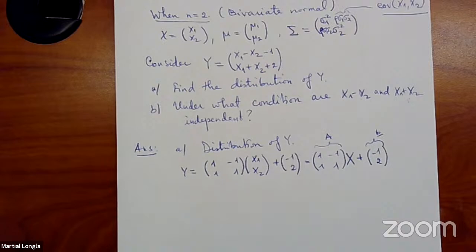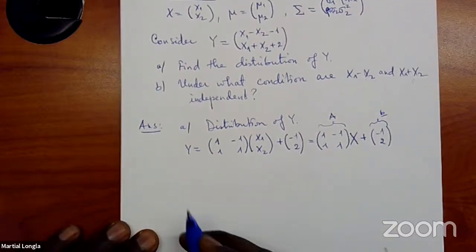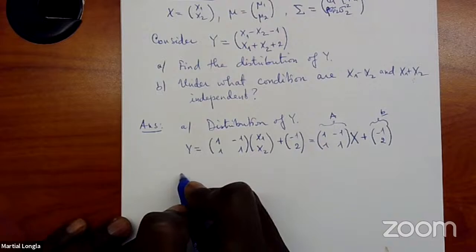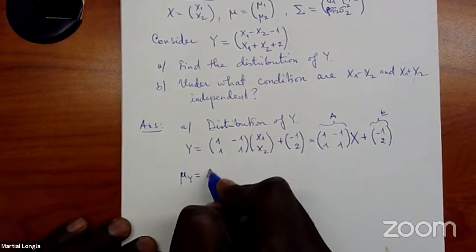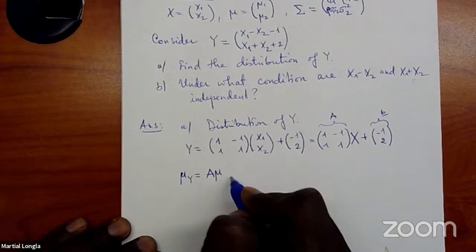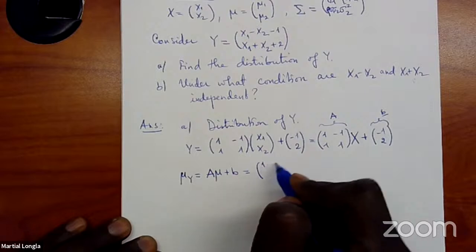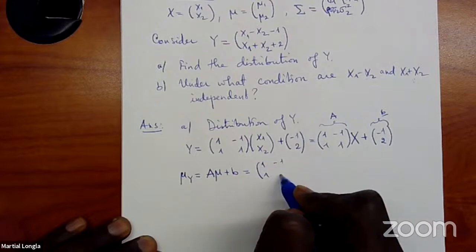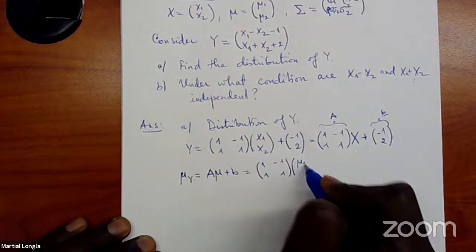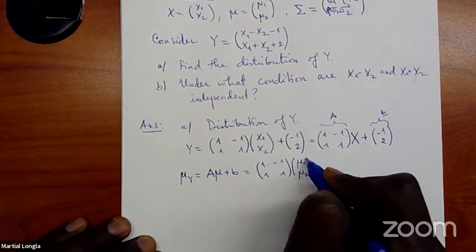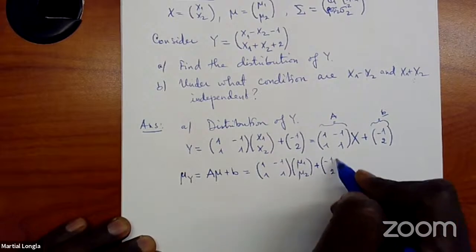So once you have A and B, what you need to do is to get the mean of y. So mu y is A mu plus B. A is 1 minus 1, 1, 1 times mu1, mu2 plus B, which is minus 1, 2.